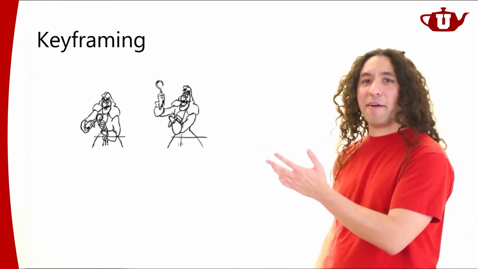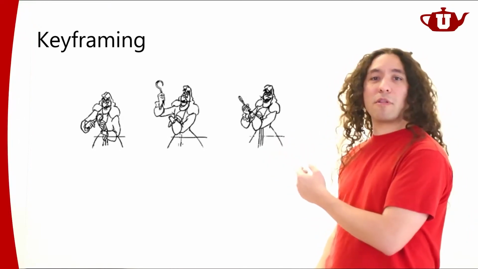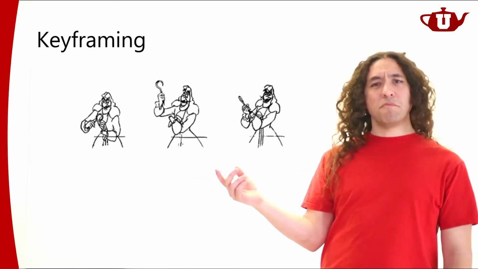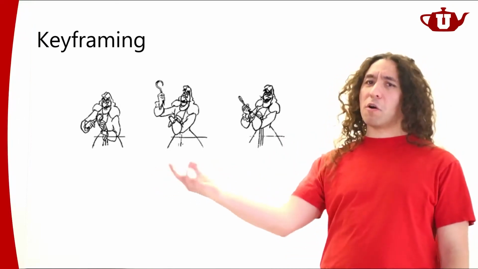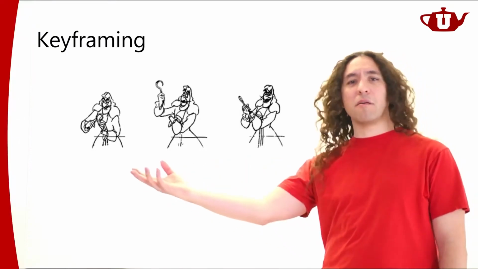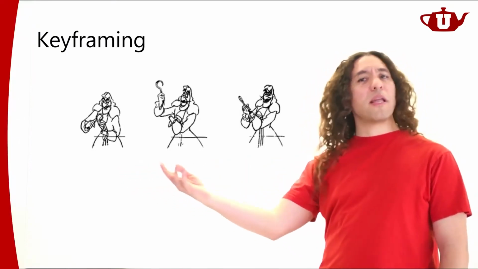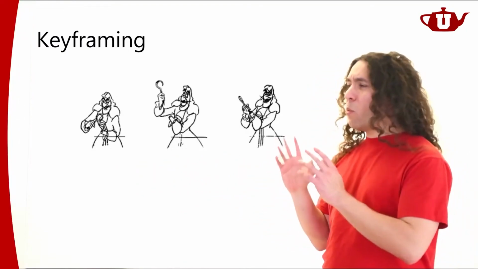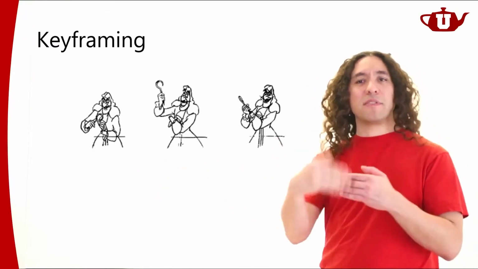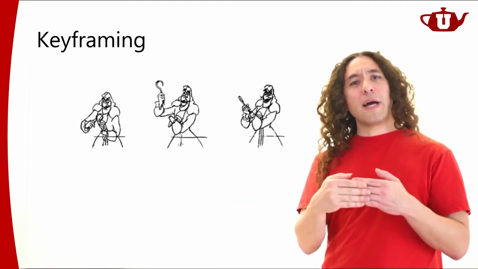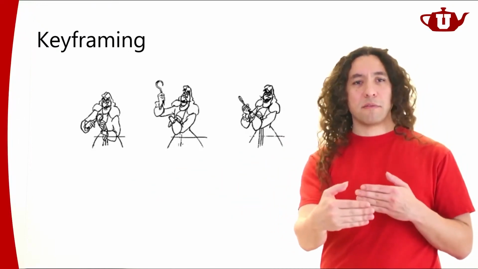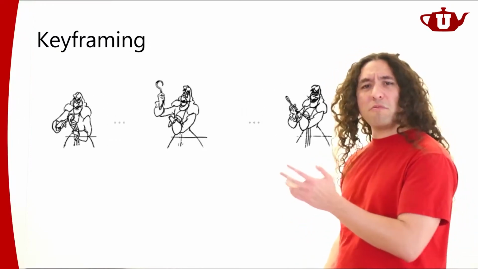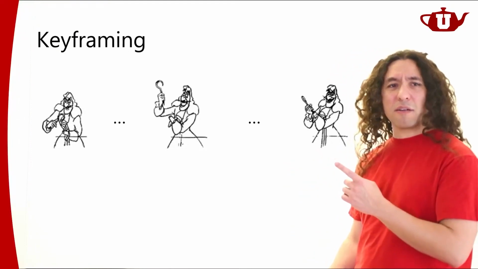So let's say that I have these 3 frames defining an animation. When you look at these 3 frames, I think you can have some idea about what's going on in this animation. The character was in this pose and then moved to this pose and then this pose. But if I were to display these 2 frames one after the other, it won't quite look like a smooth animation. It will look sort of jumpy because I need more frames in between them.